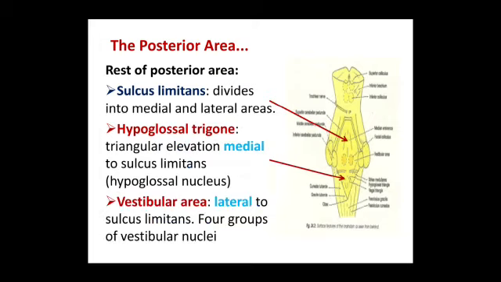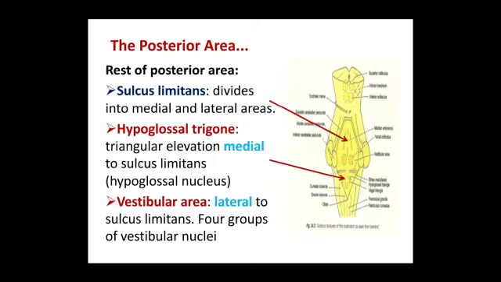The sulcus limitans divides this area further into medial and lateral areas. The hypoglossal trigone, a triangular elevation, lies medial to the sulcus limitans. Beneath it lies the hypoglossal nucleus.